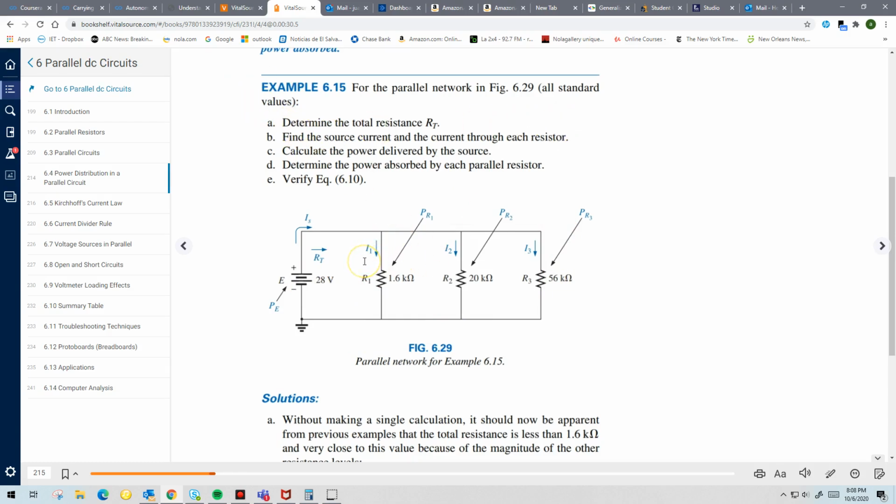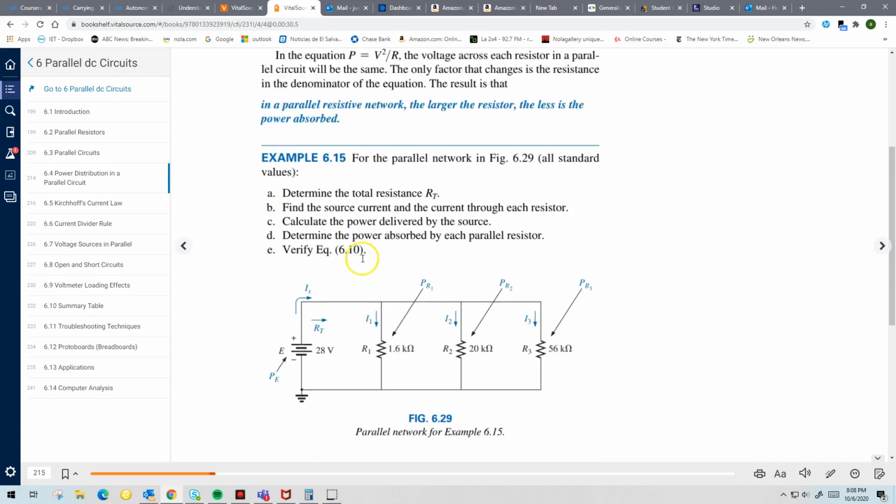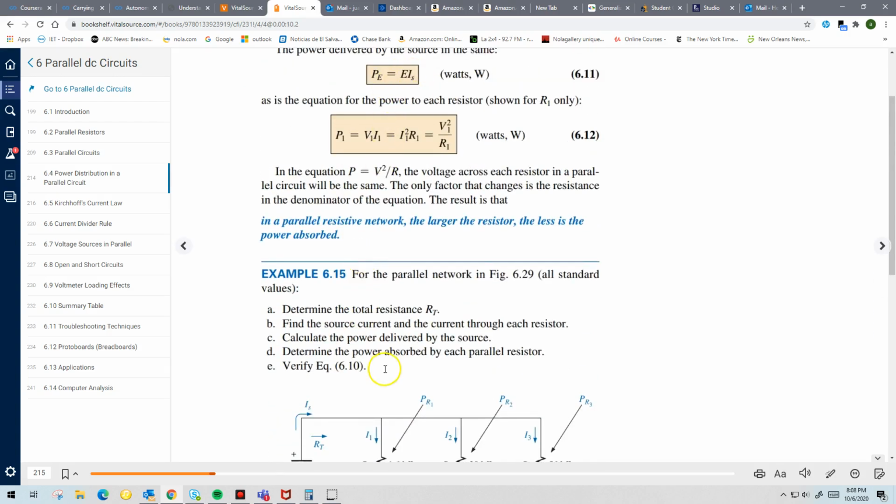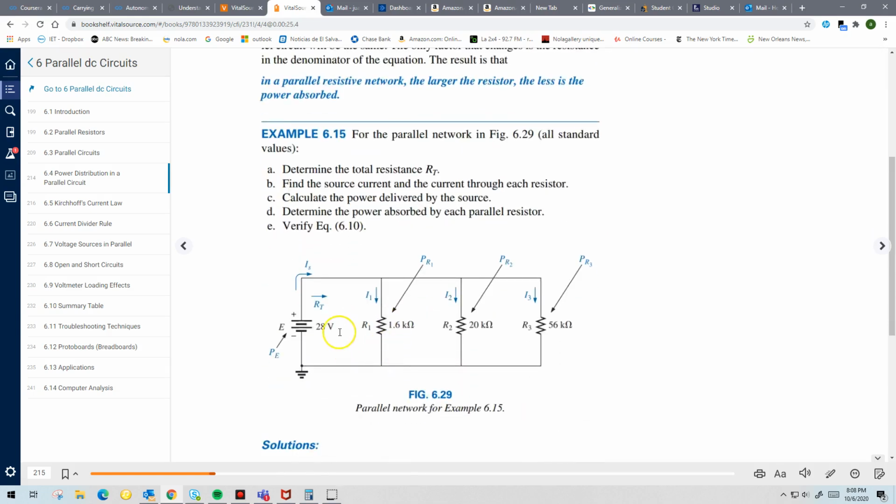Now it says calculate the power delivered by the source. Well, again, power is going to be voltage times total current. In this case, since you find the source current in step B, that current times 28 gives you the power provided by the source.